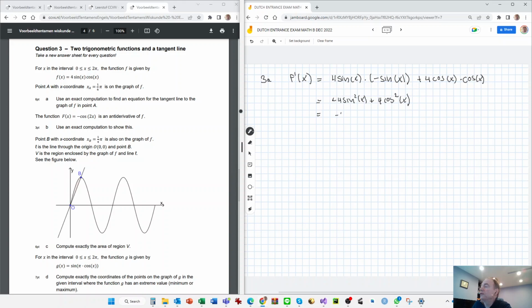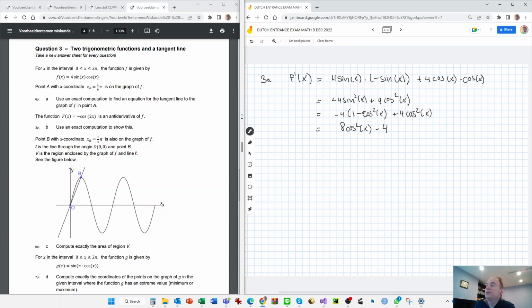So we can, for example, write this as 1 minus cosine square x plus 4 times the cosine square x. So 4 cosine square x plus 4 cosine square x is 8 cosine squared x and minus 4.